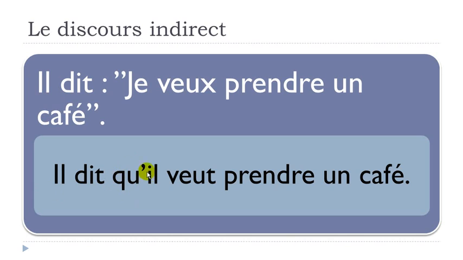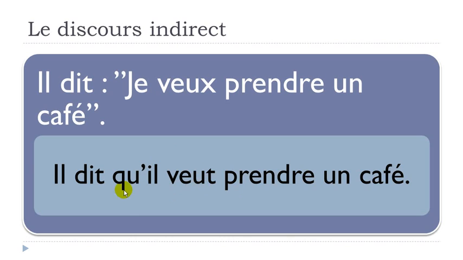So you will put this que as we had previously, and you will need to change je into il, okay, because that's the subject, il. The verb should be at the third person, so have a look here. First person it's with X at the end, third person is with T at the end. Prendre un café, it doesn't change. So normally it's the subject and the verb that will be affected if they are, okay?